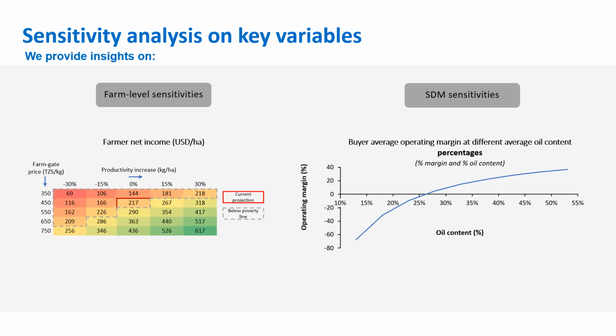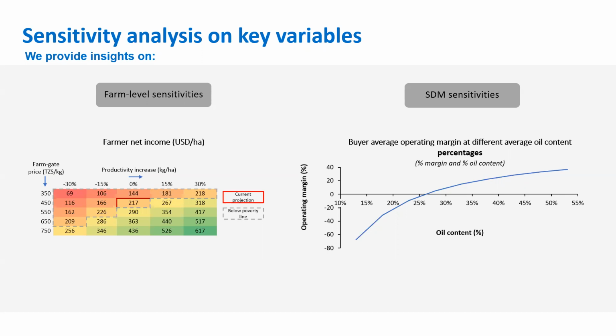So when we're building the initial assumptions for prices and productivity, we often speak to agronomists and look at external literature sources, but there's still a level of judgment involved in understanding the impact of this additional service.